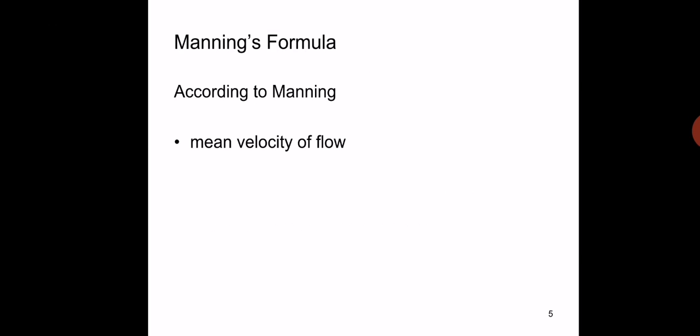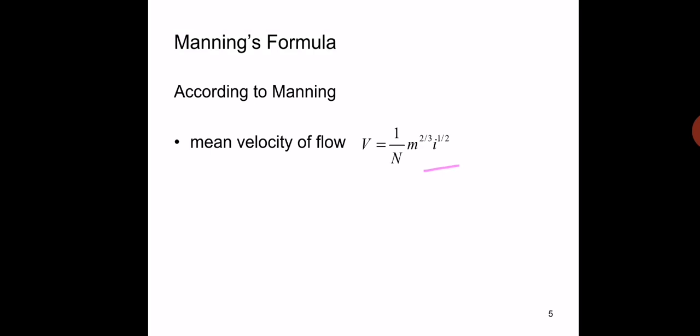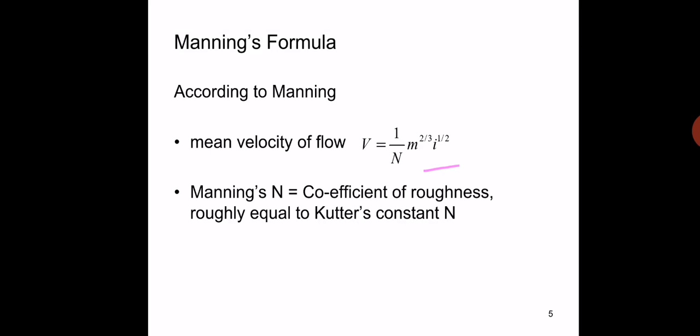According to Manning's formula, V is equal to 1 by n into m power 2 by 3 into I power 1 by 2. Here n is the coefficient of roughness, which is also equal to Kutter's constant.